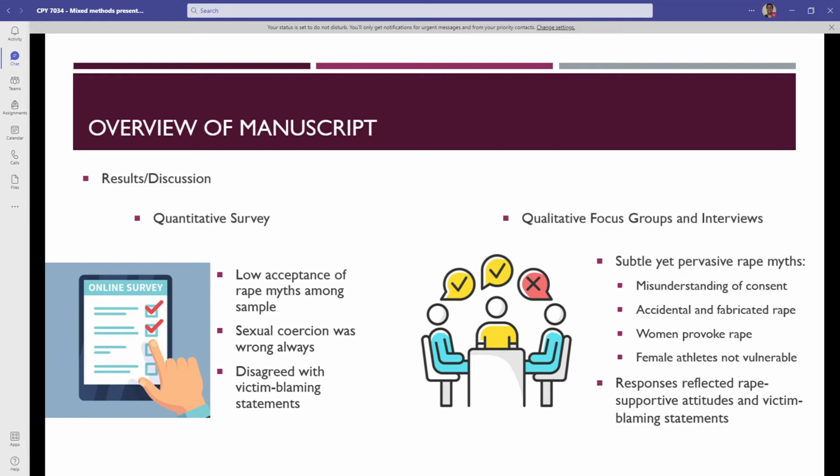However, when we look at the qualitative focus groups and individual interviews, we see a different story.